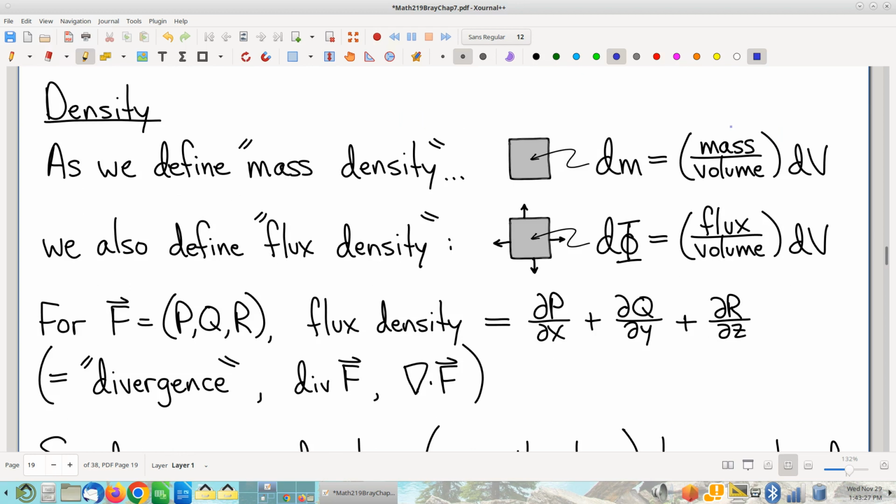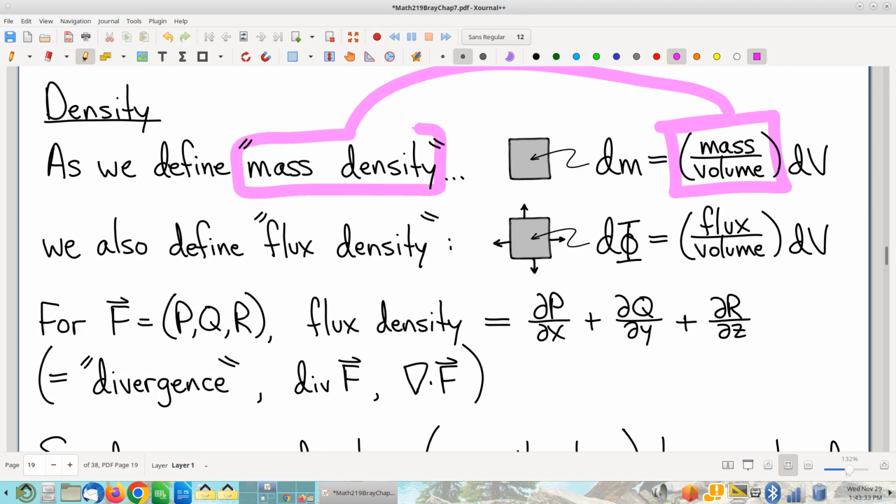Reminder of what regular density is. Regular density, what they mean by density back in high school, is the accumulating quantity called mass that you find in your solid per unit volume of the piece in question. So mass density is mass per unit volume, quantity per unit size.